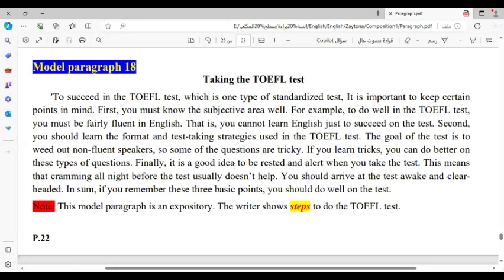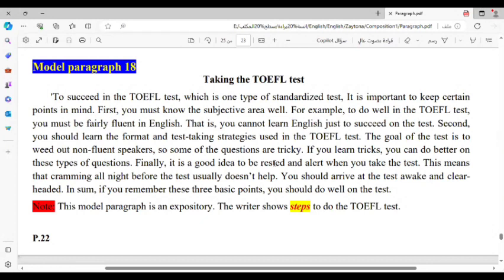So some of the questions are tricky. What's the meaning of tricky? When I say this question is tricky, it means it is difficult because it makes you get confused. Okay?